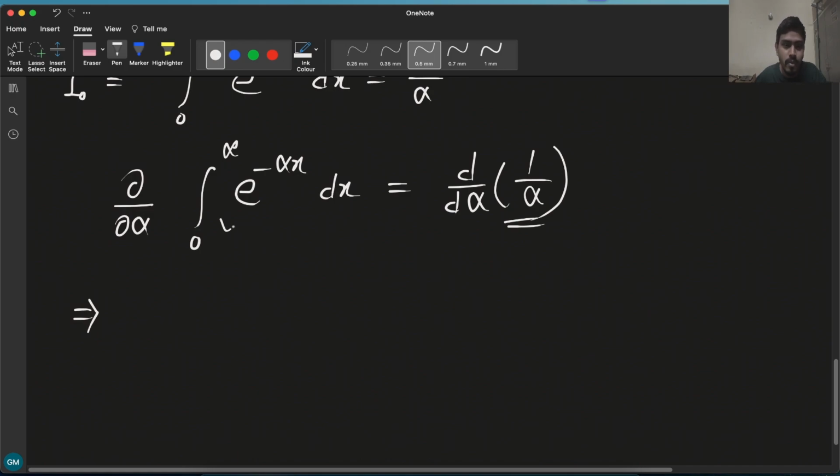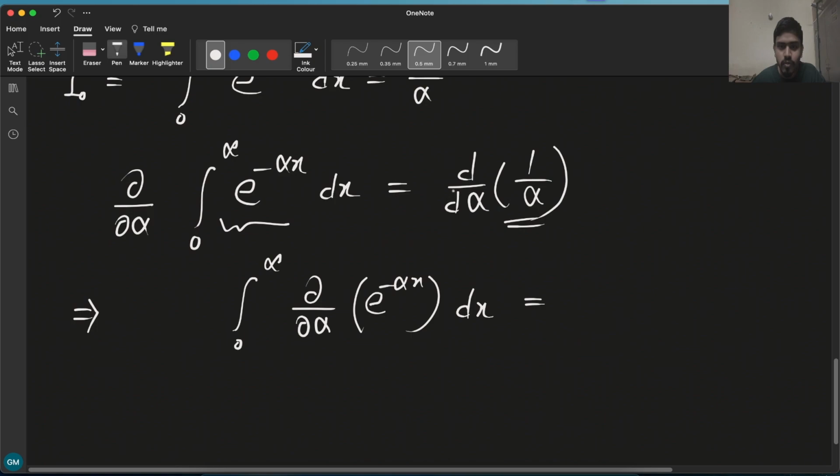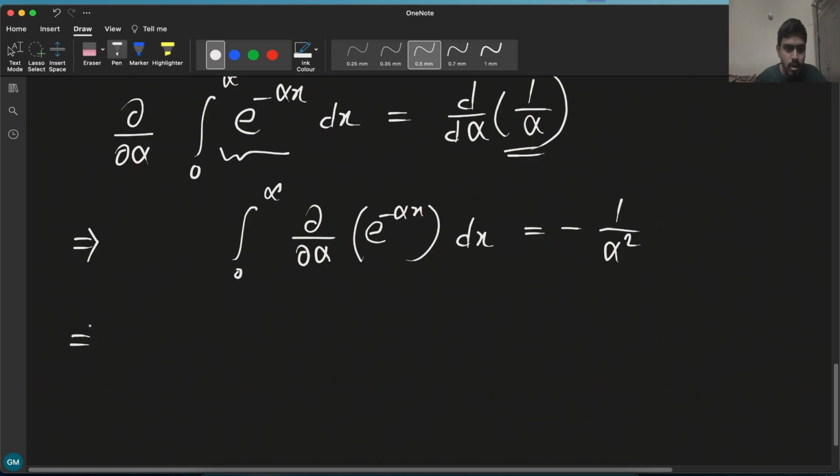If I do the derivative of e to the power minus alpha x with respect to alpha, I get minus x times e to the power minus alpha x.